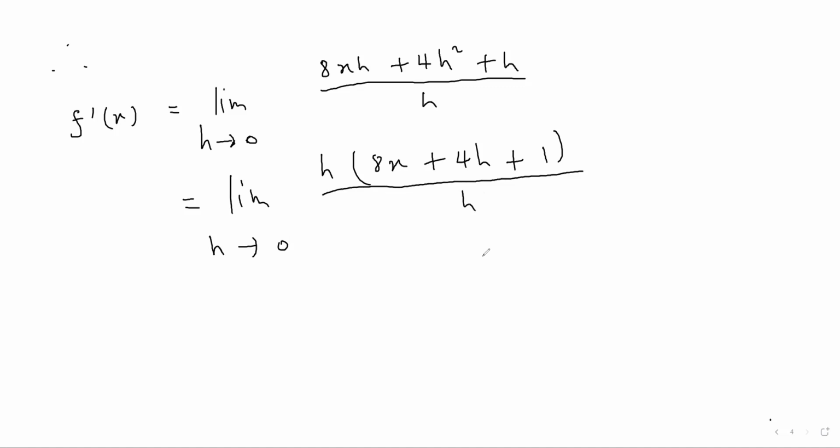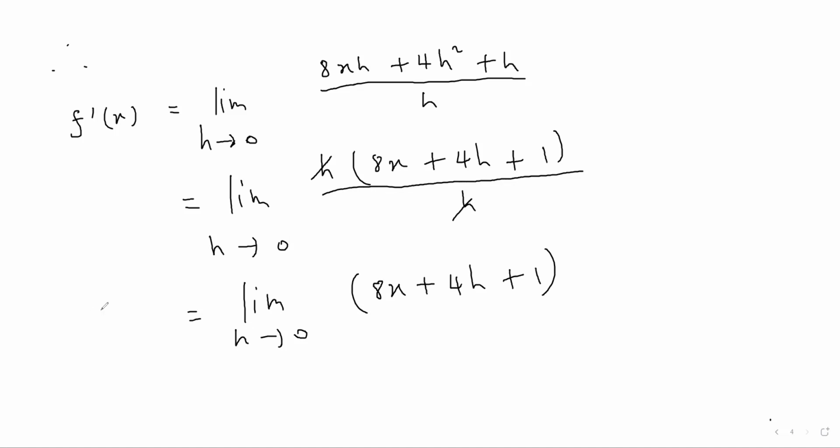So what we did now is just factor out the h in the numerator. And we can see clearly that now we cancel out the h at the top and the h at the bottom. That gives us the limit when h goes to 0 of 8x plus 4h plus 1.